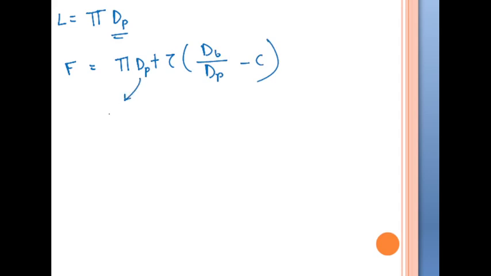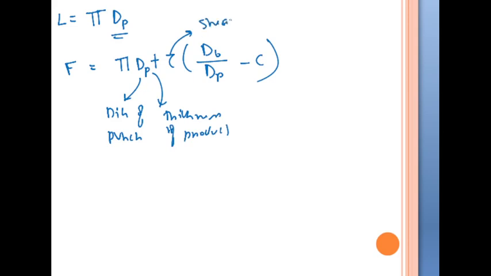Here dp is the diameter of the punch, t is the thickness of the product, tau is the shear strength of the sheet material, and D is the diameter of the blank.